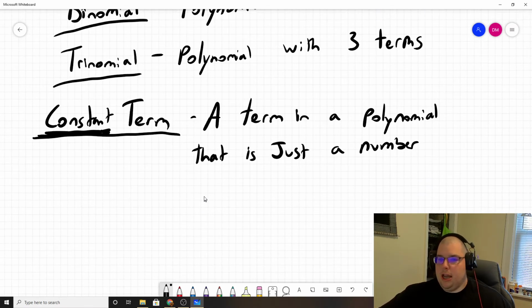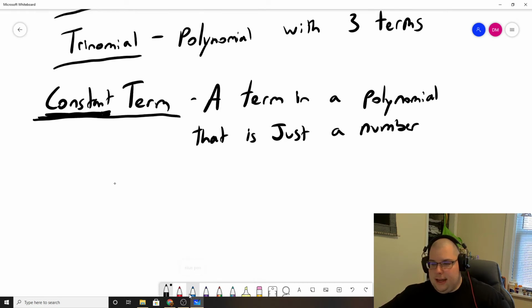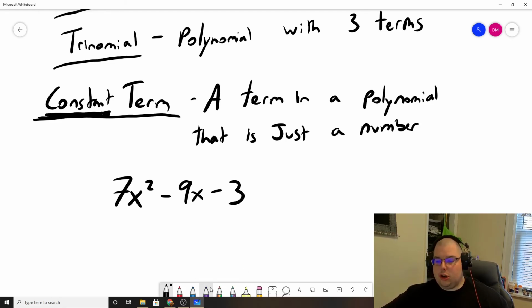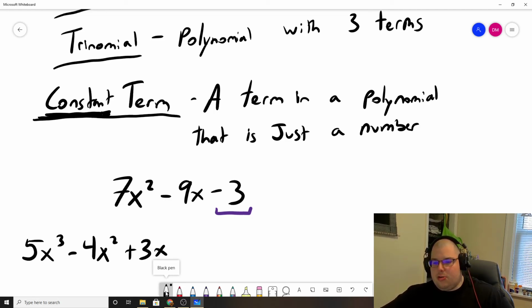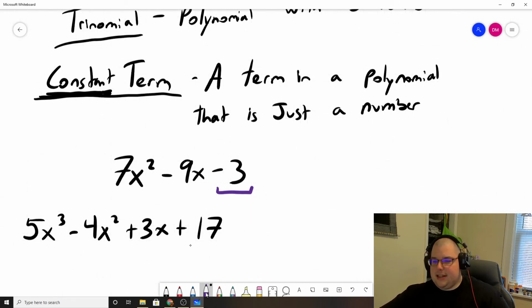So, if we look at a polynomial like 7x squared minus 9x minus 3, the term in this polynomial that is just a number is called the constant term. So -3 would be our constant term. In a larger polynomial, say 5x cubed minus 4x squared plus 3x plus 17, that 17 is the constant term.